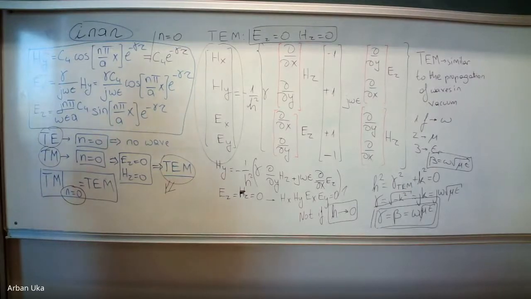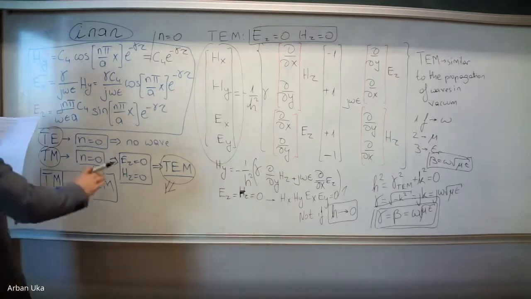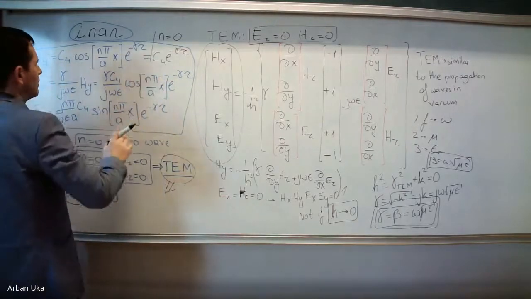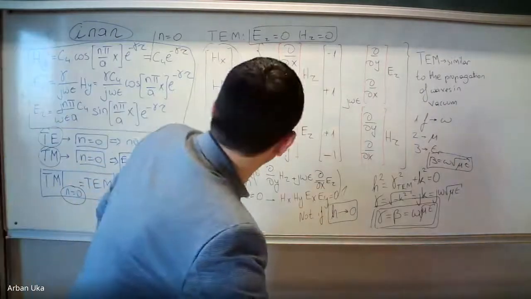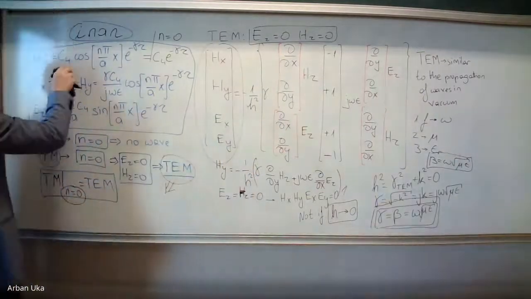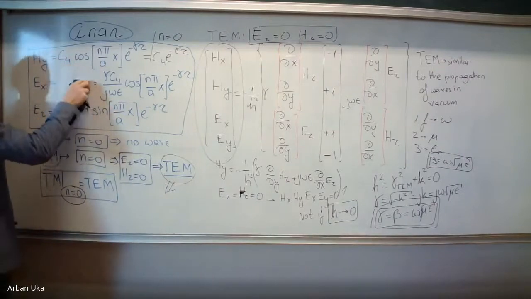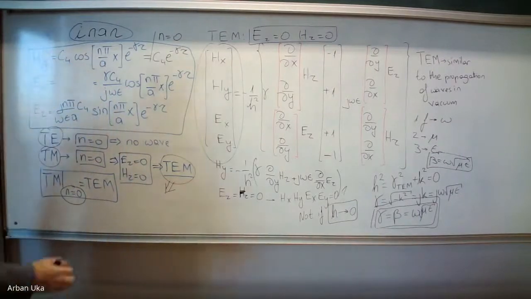EX at that time will be equal to gamma divided by j omega. So this cosine will go, and allow me to write. In black, you can find the fields for n equal to 0.